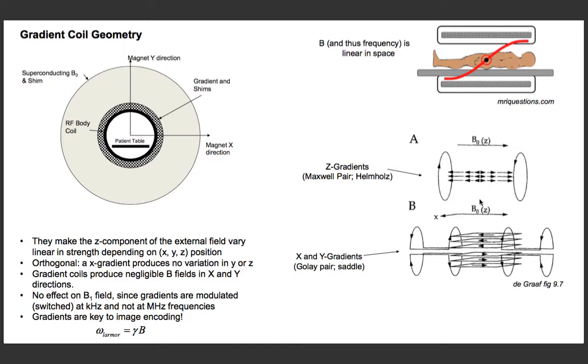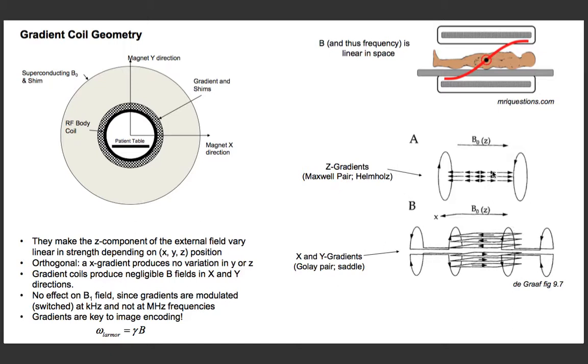That's not entirely true. I say here gradient coils produce negligible B fields in x and y directions. They do cause a little bit, but those are relatively small, and are called concomitant gradients. At 3T and above we mostly ignore them, but they can have an effect in subtle cases at 1.5T or lower fields.